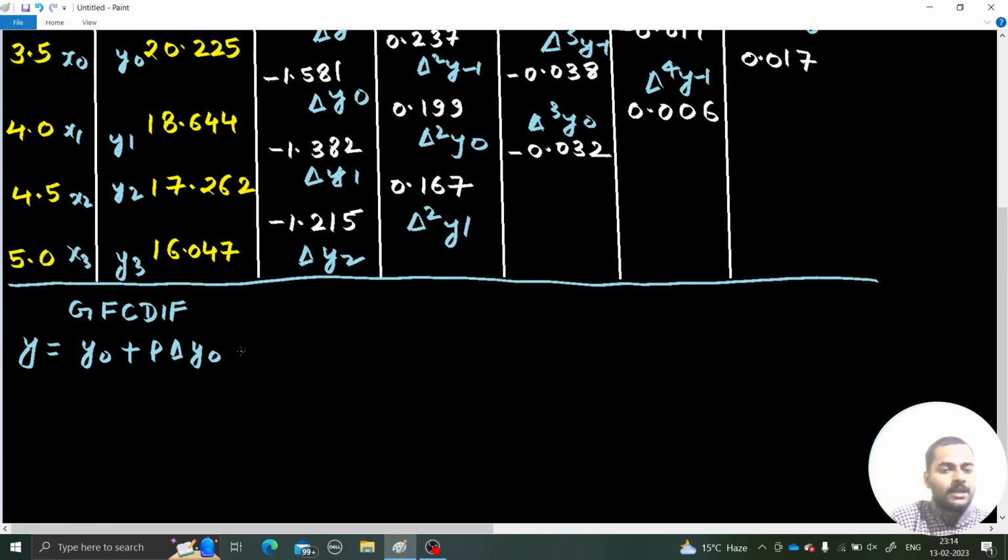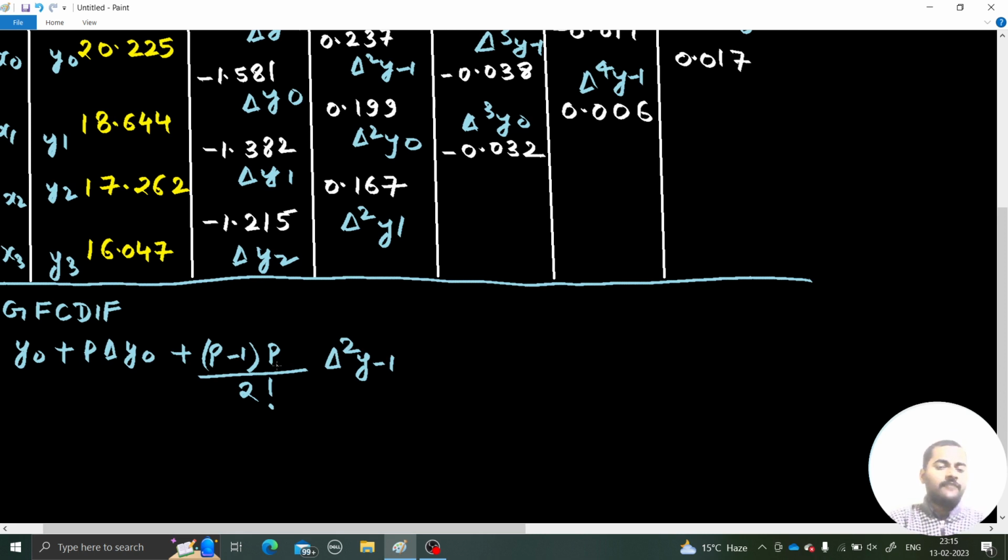So this is it. Now in case of forward, you write p first, p is already there. Then in case of forward, write p minus 1 first. So p minus 1 and then p divided by 2 factorial, and minus 1 will come now twice, so first time we have taken this.